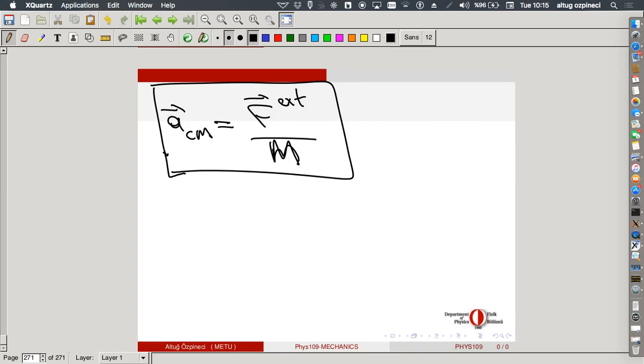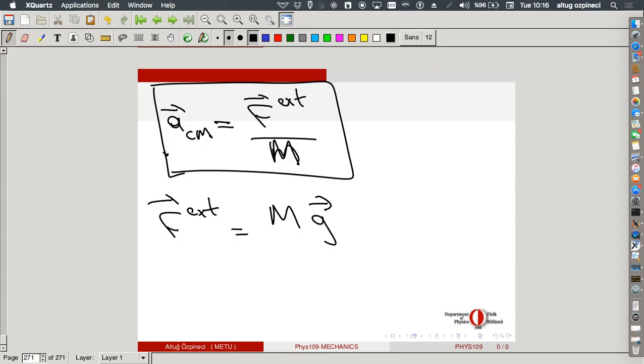Now, in the case of this stick, the external force is nothing but the total weight, the force due to the weight. And we said that it was m times g.